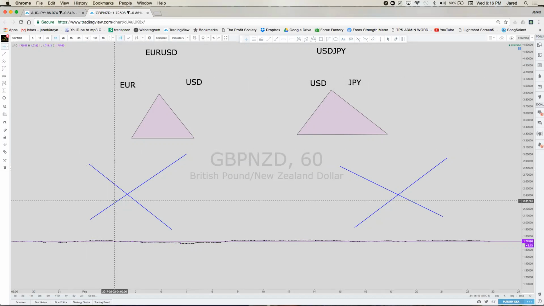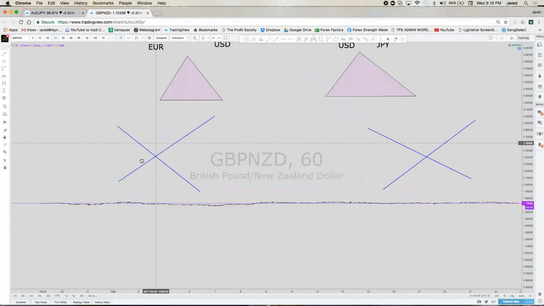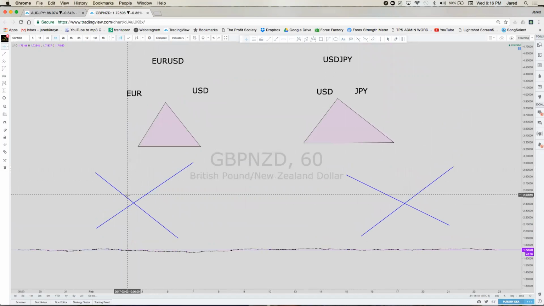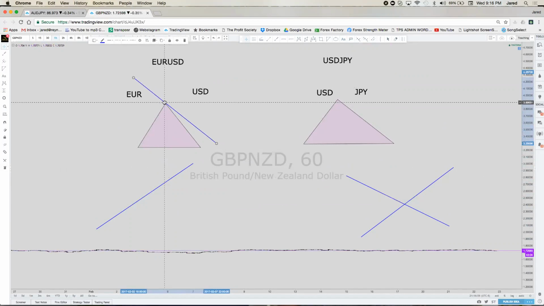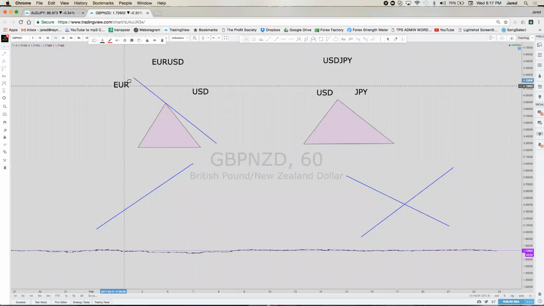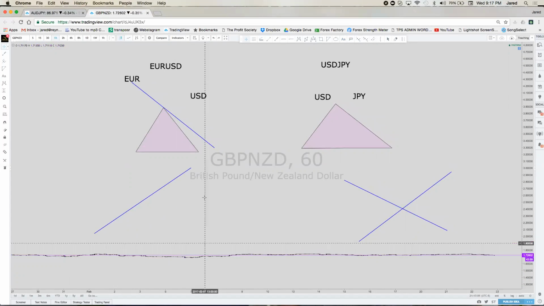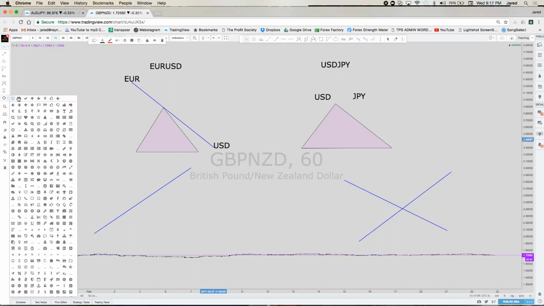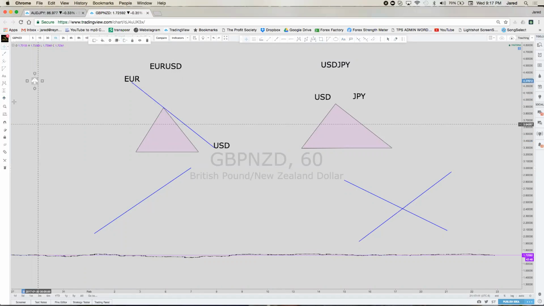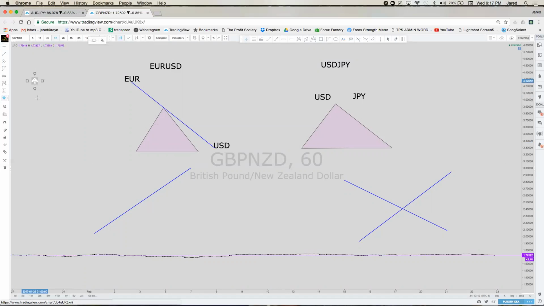Now, when every pair, there's a fight between each pair all the time, right? So if the euro is stronger than the US dollar, right? Let me pull out my other tools. We're gonna need this.